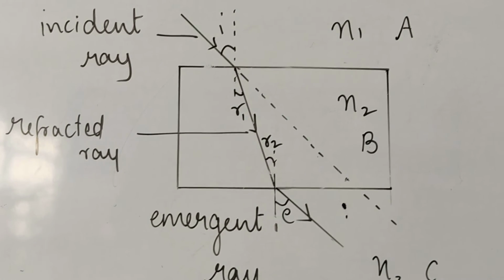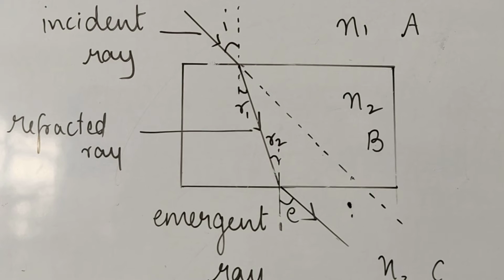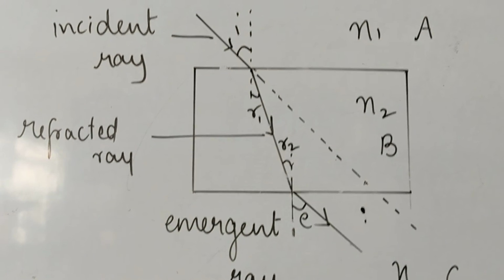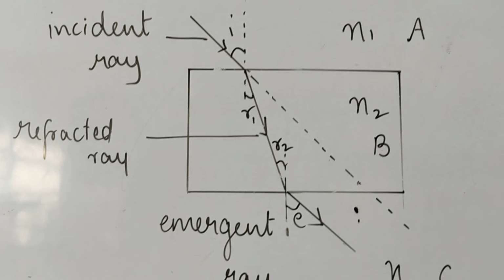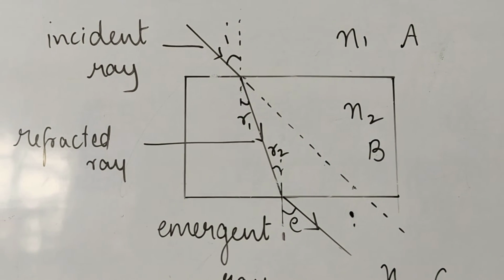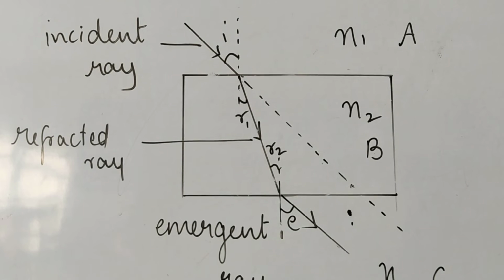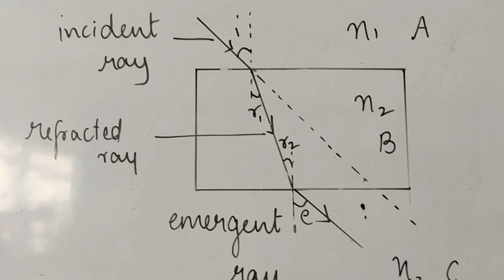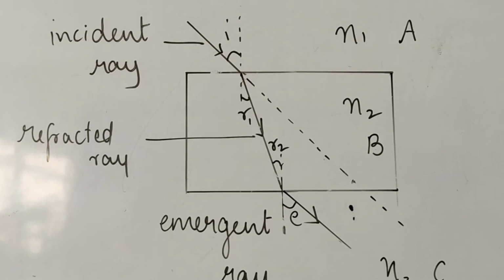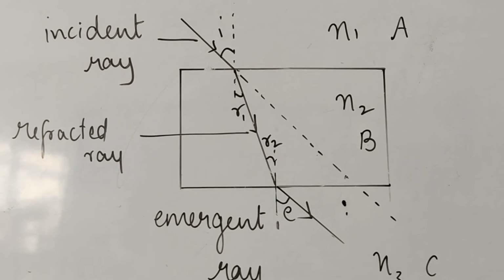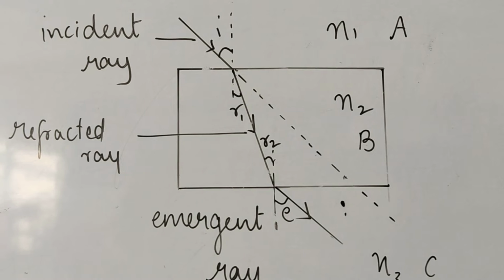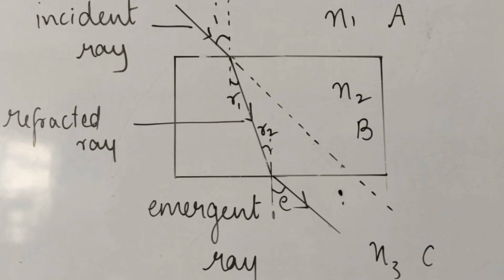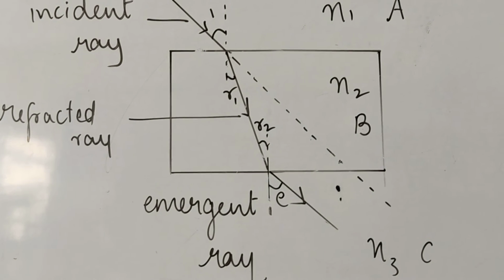Now remember students, in the first case the bending was towards the normal, then away from the normal. So this bending should be equal in order to have emergent ray parallel to the incident ray. And this is possible only when medium A and medium C are same. That is, N1 is equal to N3. And in this case, we have taken that N2 is greater than N1 and N1 is equal to N3.